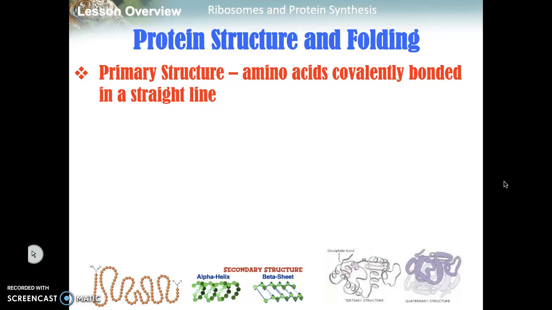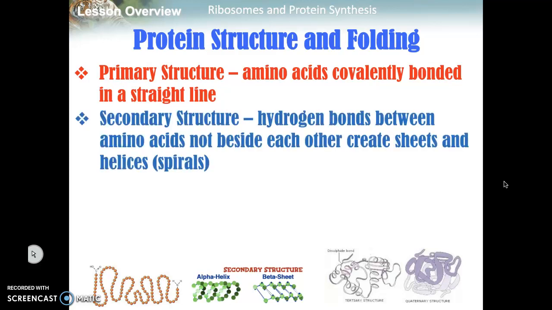Now, sometimes, as Hank talked about in the video at the beginning of transcription and translation, we get a secondary structure, and this is caused because hydrogen bonds between amino acids not beside each other will create sheets and helices. Helices, just another word for spirals.